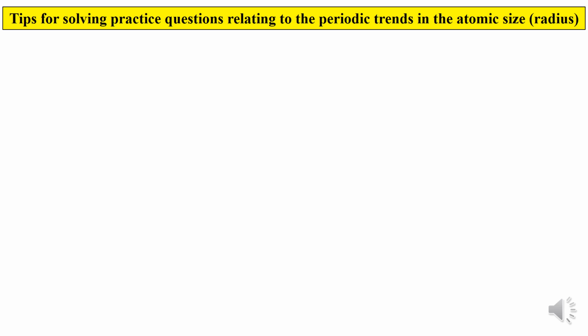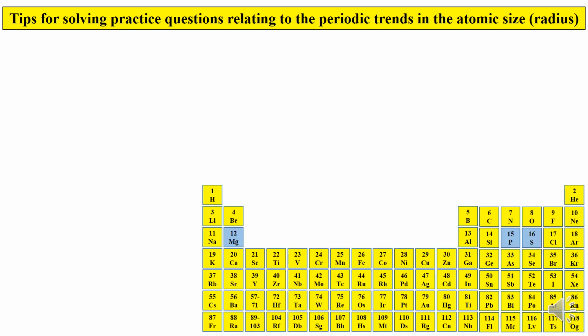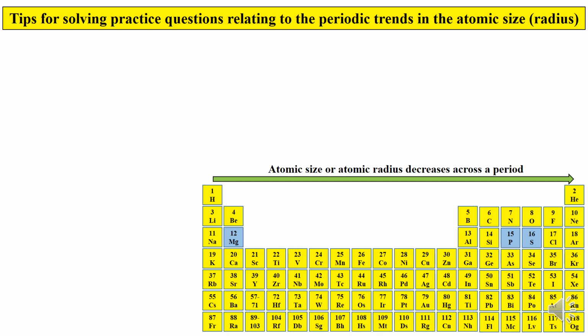Now, before I take up some practice questions, I would like to give my viewers some useful tips for solving practice questions relating to the periodic trends in the atomic size. First things first, be familiar with the periodic trend.